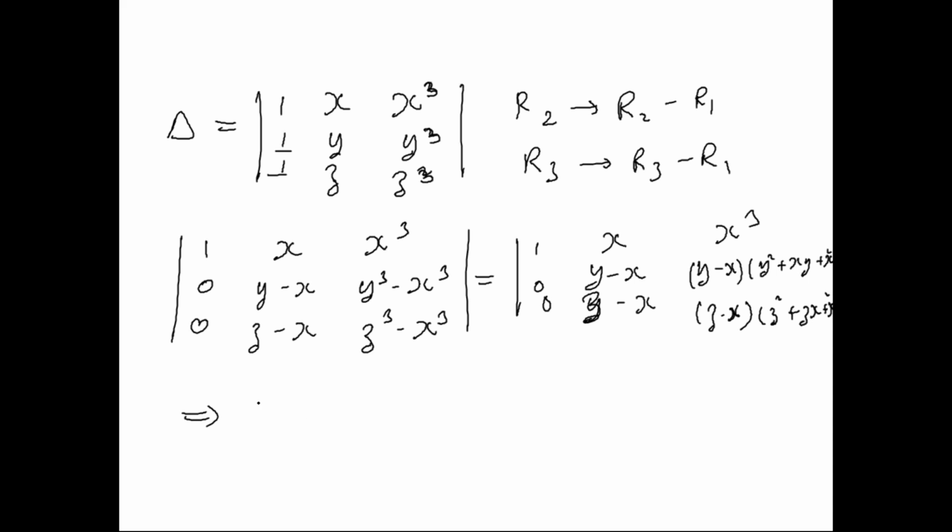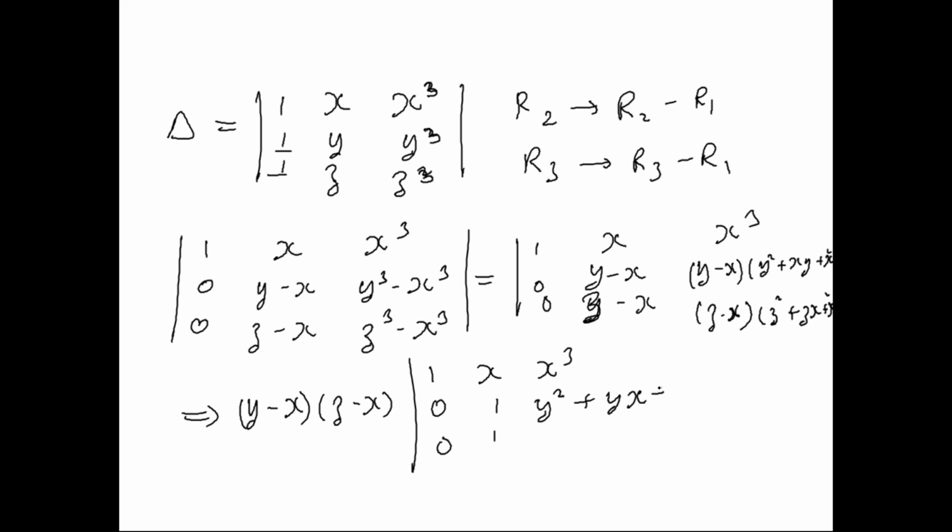Now I can take y minus x common from the second row and z minus x from the third row. So this becomes 1, x, x cube, 0, 0, 1, 1, y square plus yx plus x square, z square plus zx plus x square.